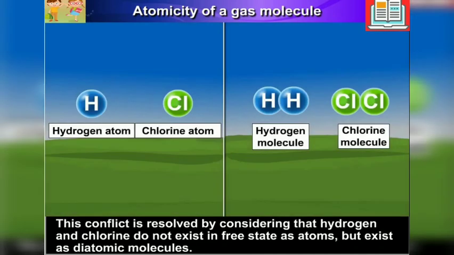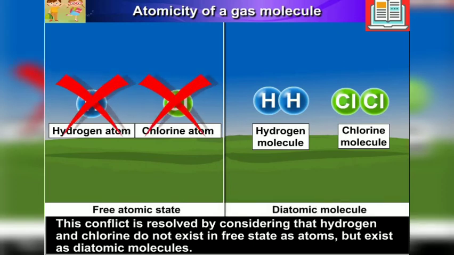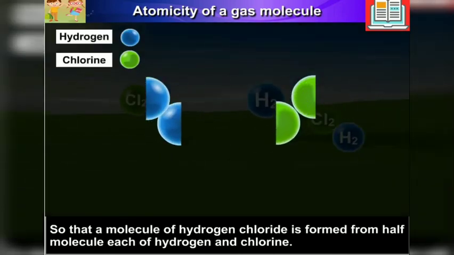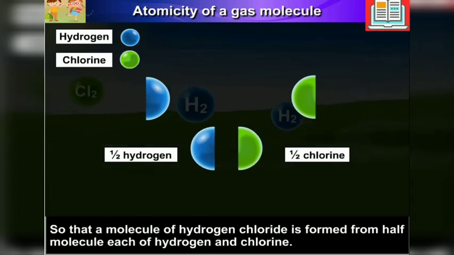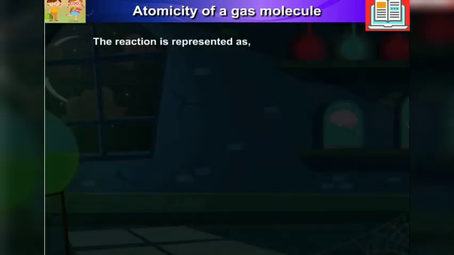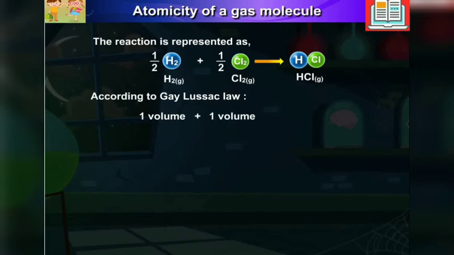This conflict is resolved by considering that hydrogen and chlorine do not exist in the free state as atoms but exist as diatomic molecules, so that a molecule of hydrogen chloride is formed from 1/2 molecule each of hydrogen and chlorine. The reaction is represented as 1/2 H2 gas plus 1/2 Cl2 gas gives HCl gas. According to Gay-Lussac's law, 1 volume plus 1 volume gives 2 volumes.